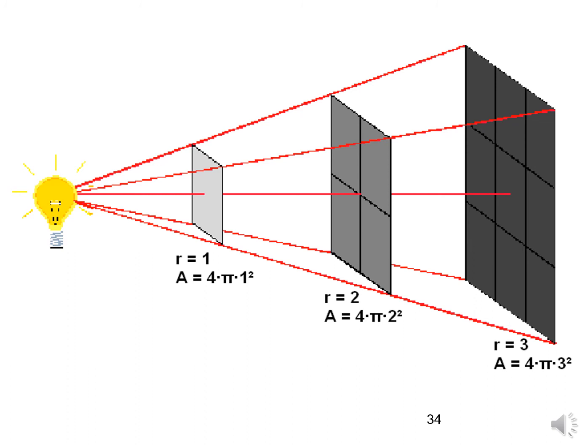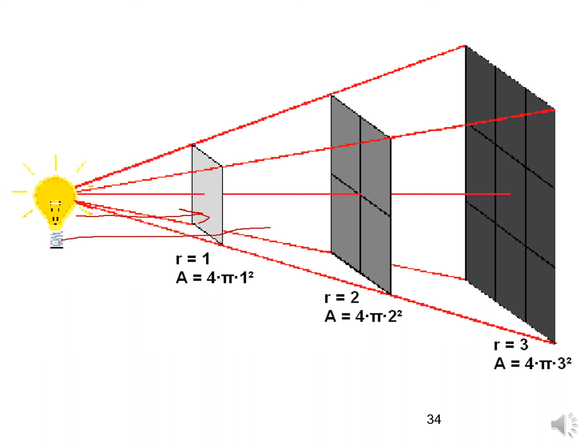Since the illuminated spheres are getting bigger and bigger as they get further from the luminous source, the power must be spread out over those bigger and bigger spheres. The surface area of the sphere is given by the formula 4 pi r squared. So in these examples, the first one is a distance 1 from the source, so our distance and our radius are the same. It's 1.